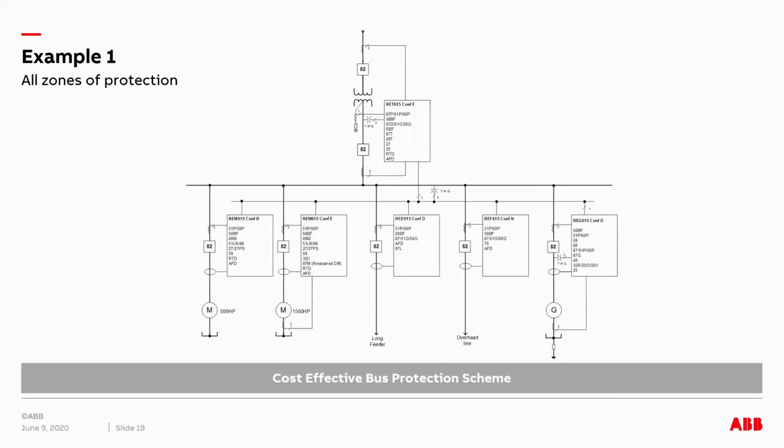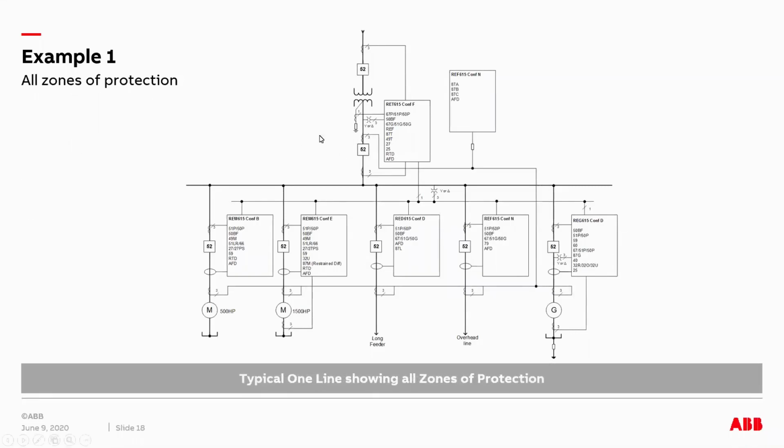Okay, I need to mention one more thing here. I missed one relay. So this device here is REF 615, but this is used for bus differential, the traditional high impedance bus differential scheme, which many of us are familiar with. So the traditional high impedance bus differential scheme requires its own set of CTs.